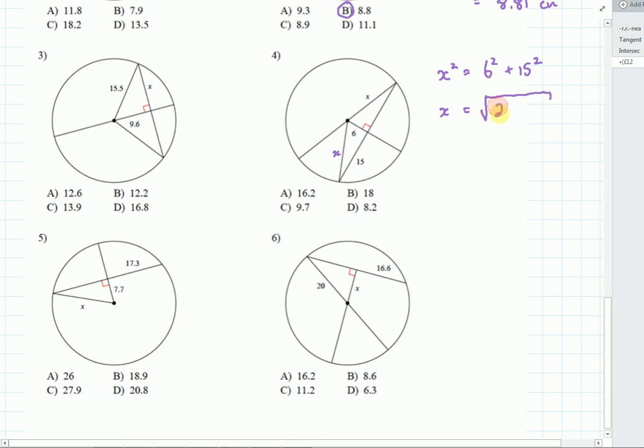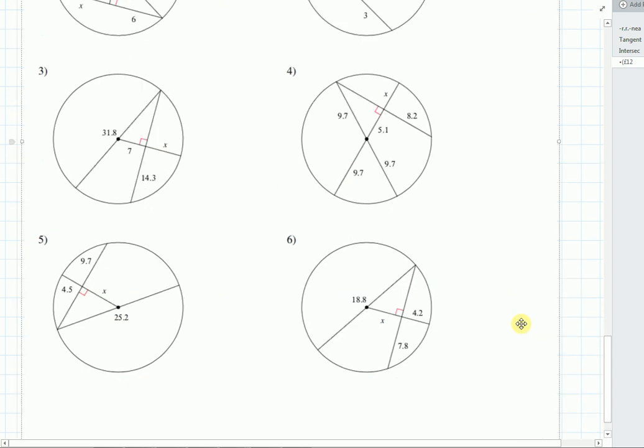It's 261. The square root of that is 16.15549, which is 16.2 centimetres. So that's the answer there. The others are similar types of questions.